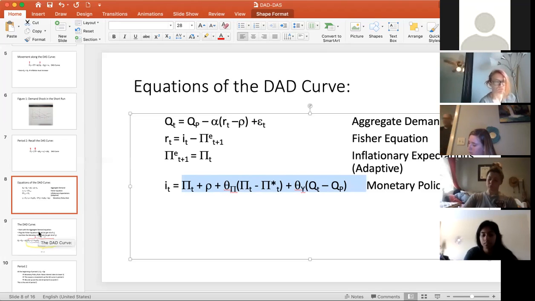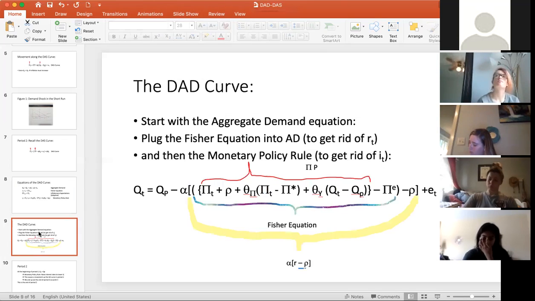So let's look at this again. This I stole from last week. What we have here is what's in the curly brackets, which is the red indicator here. That's the monetary policy rule. Then what we have in the rainbow colored line here is the Fisher equation.